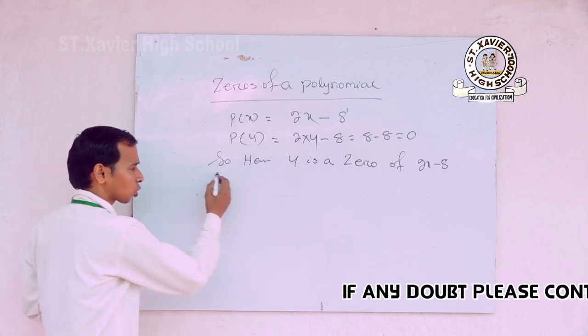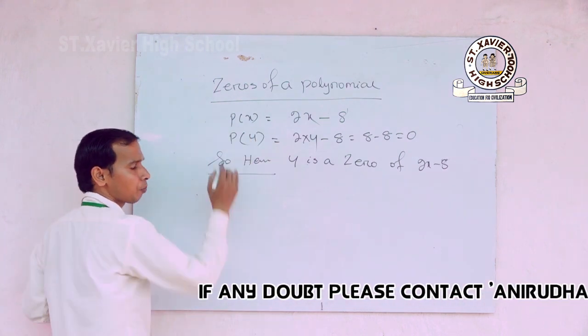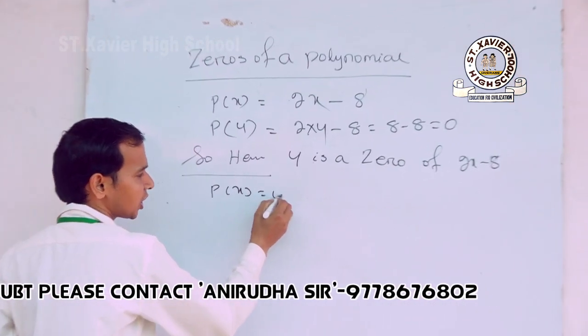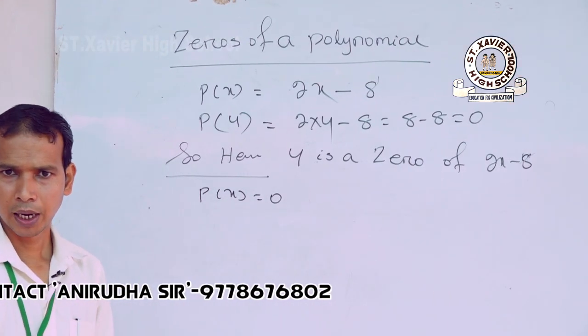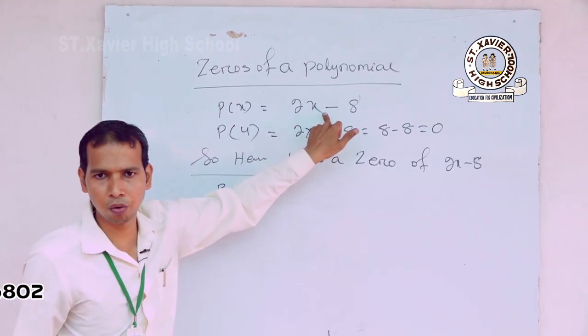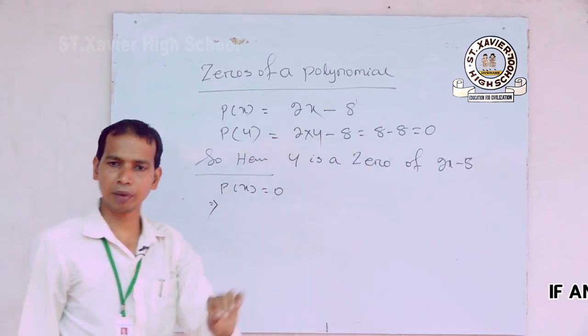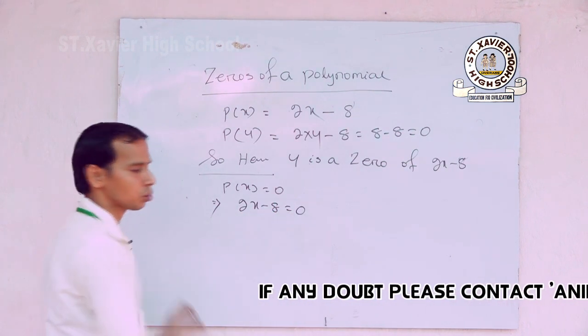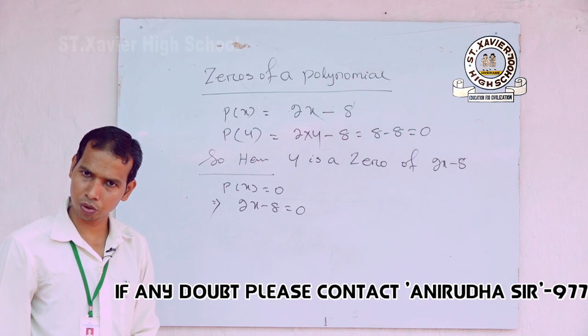To solve this, first set the polynomial equal to 0, that means p of x is equal to 0. As p of x equal to 0, p of x is 2x minus 8, so 2x minus 8 equal to 0.